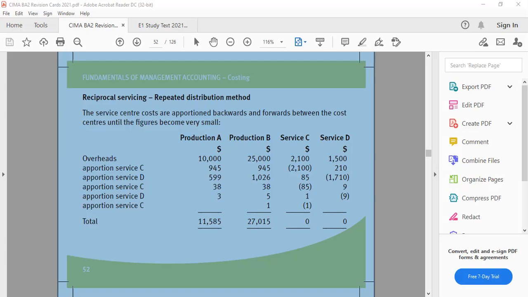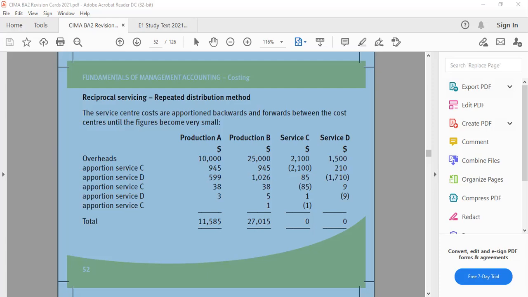First service department is service department C. Now this has to be charged. So we will also mention what is the ratio in which the cost should be distributed.